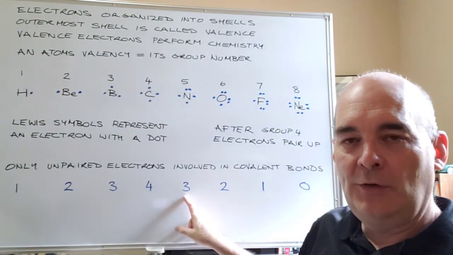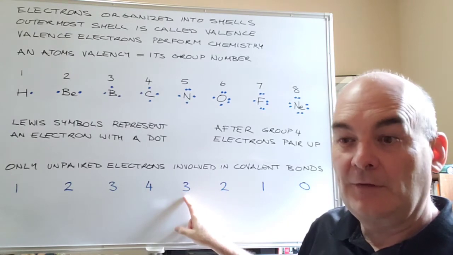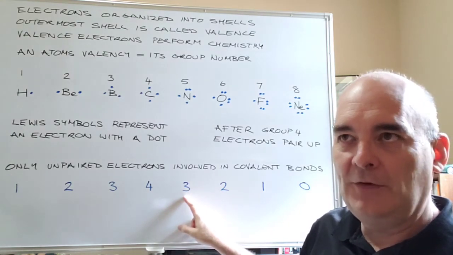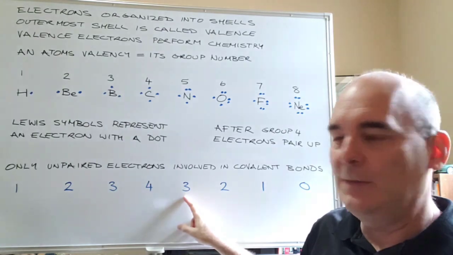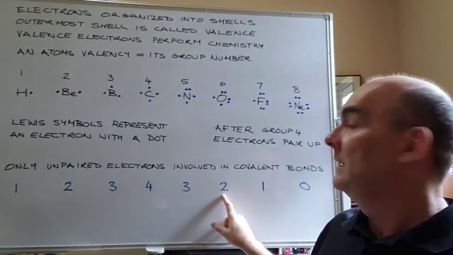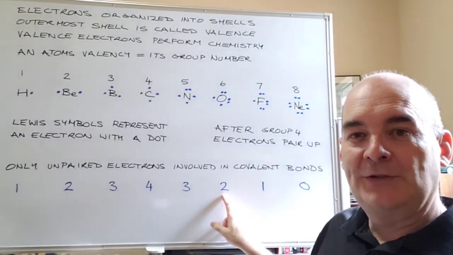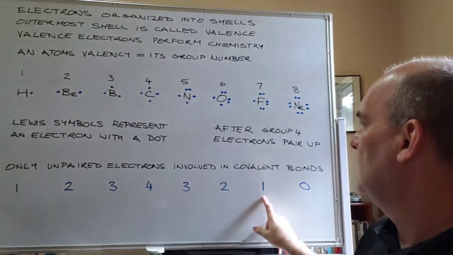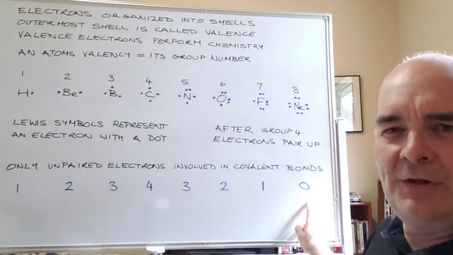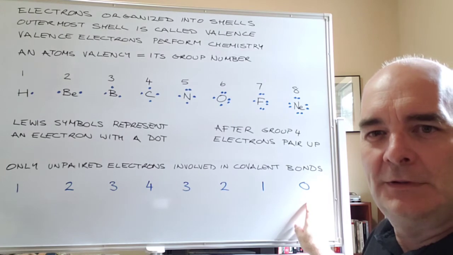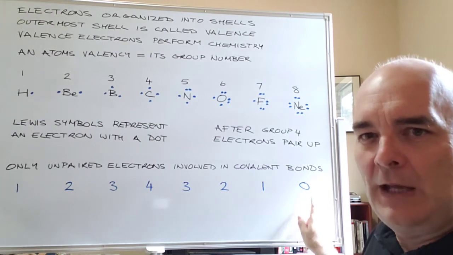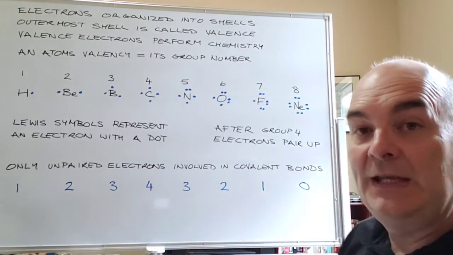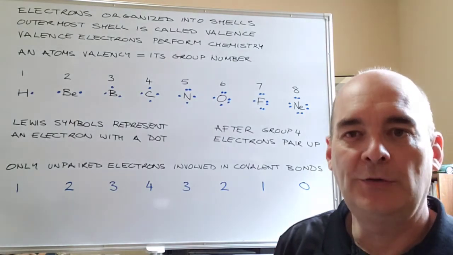So nitrogen can only make 3 bonds. Phosphorus, which is also in group 5, can make 3 bonds. Everything in group 6 makes 2 bonds. Everything in group 7 makes 1 bond. And everything in group 8 makes no bonds. Everything in group 8 is inert. It is unreactive.